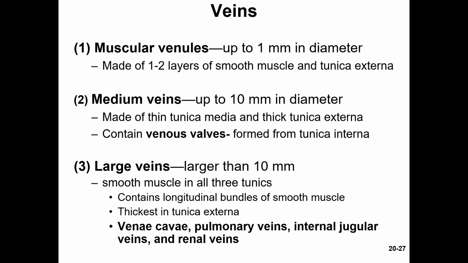Large veins, larger than 10 millimeters, have smooth muscle in all 3 tunics. They contain longitudinal bundles of smooth muscle, and they are the thickest in the tunica externa. These would include the vena cava, the pulmonary veins, the internal jugular veins, and the renal veins.